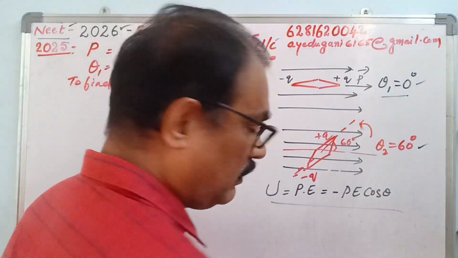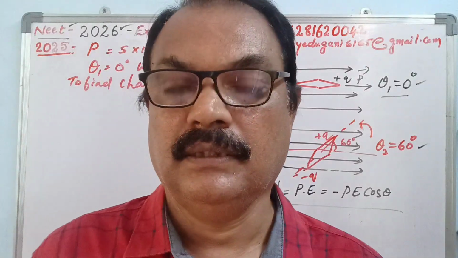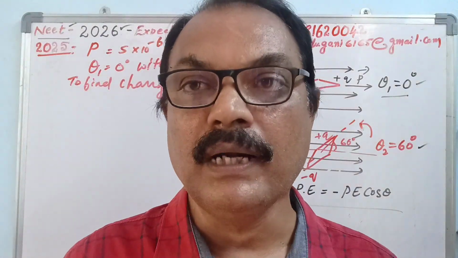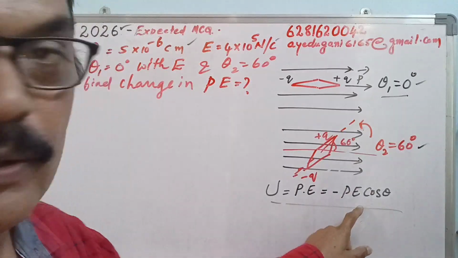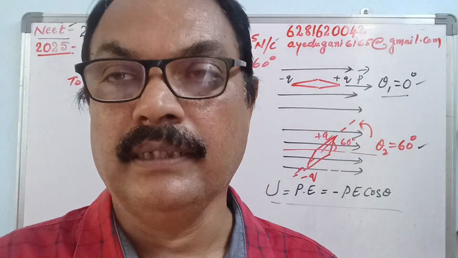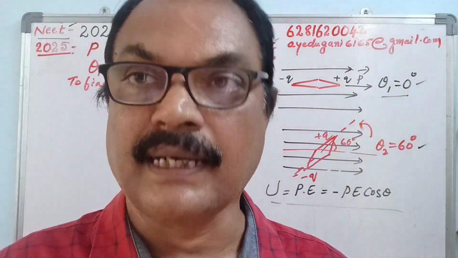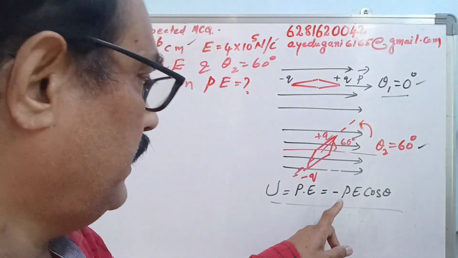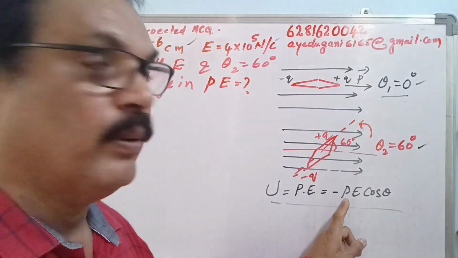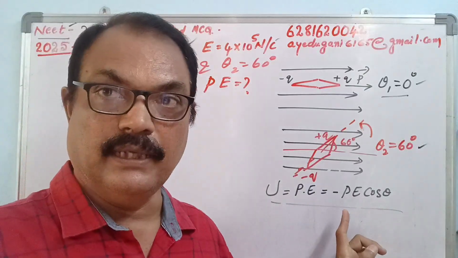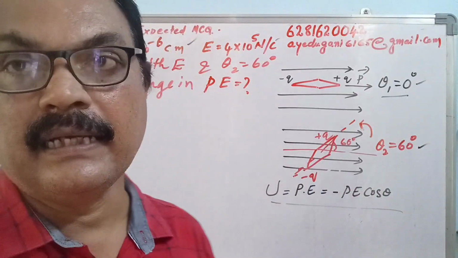What is the formula you have to recollect, which you have done in chapter 1? The potential energy of a dipole kept in a uniform electrical field is minus PE cos theta. P is the dipole moment, E is the electrical field, and theta is the angle.